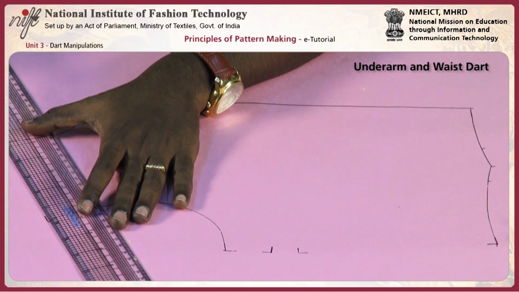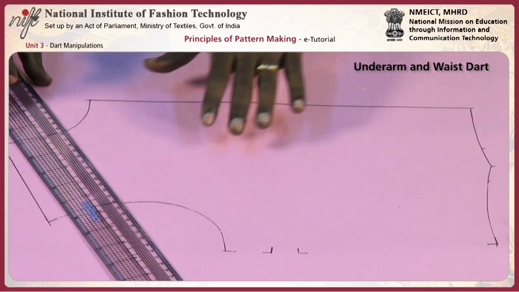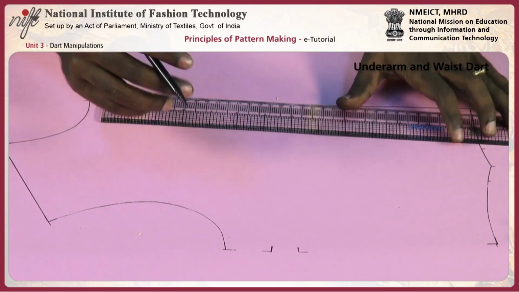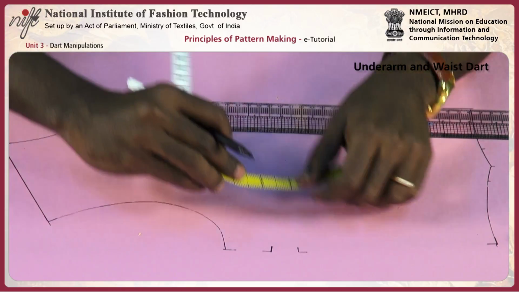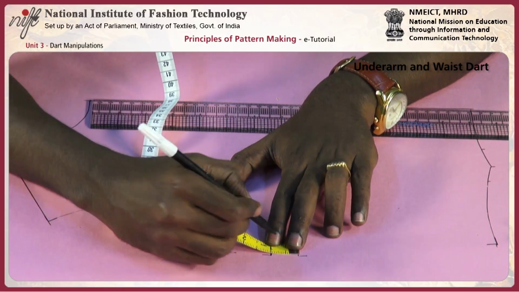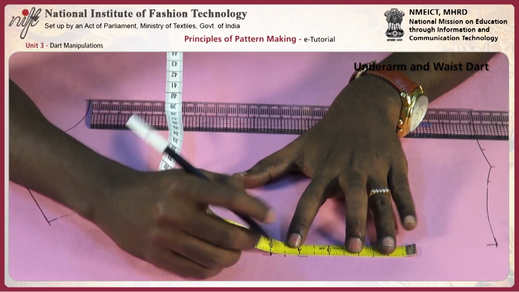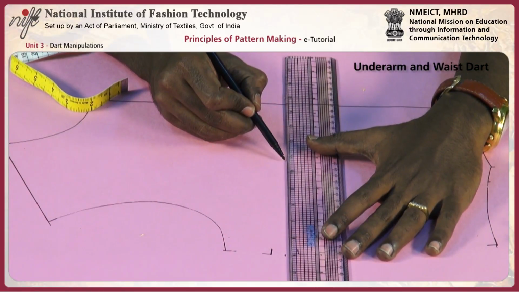Connect shoulder line using a straight ruler. Mark the midpoint of dart. Connect the midpoint to bust point.